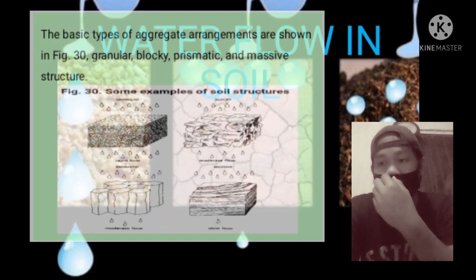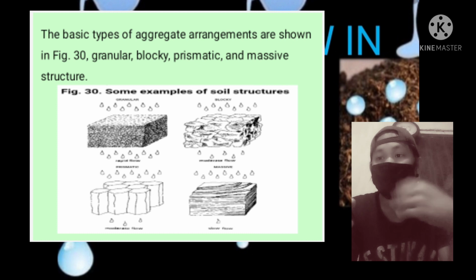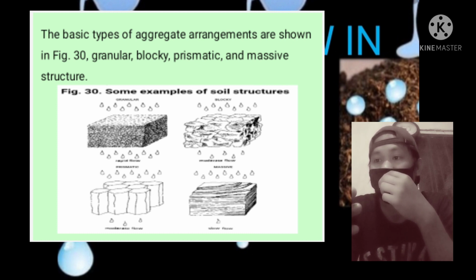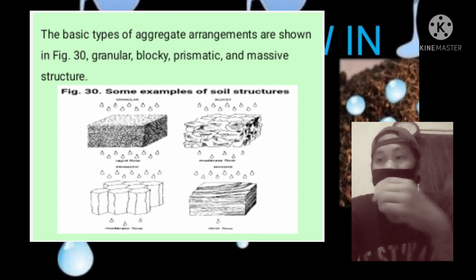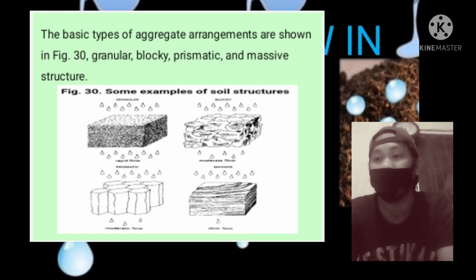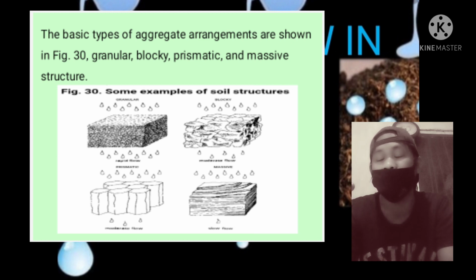Look at the pictures. The first one here, angular, ay yung maliliit na particles na parang pino siya, at the black naman ay yung malalaking bato na may mga pagitan, at pangatlo naman ay moderate prismatic na maliliit din pero may mga butas.